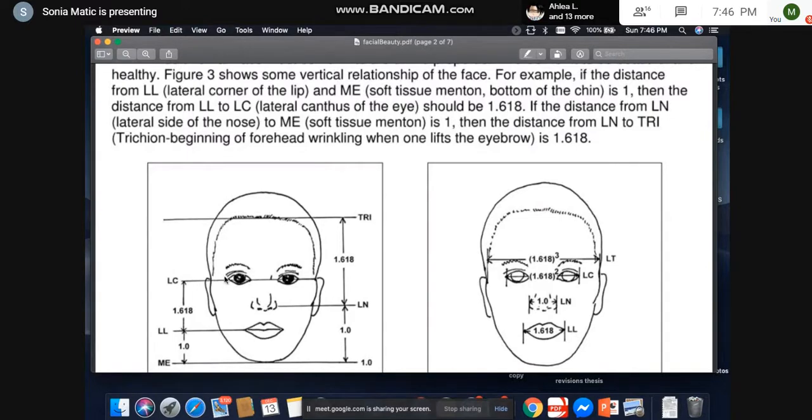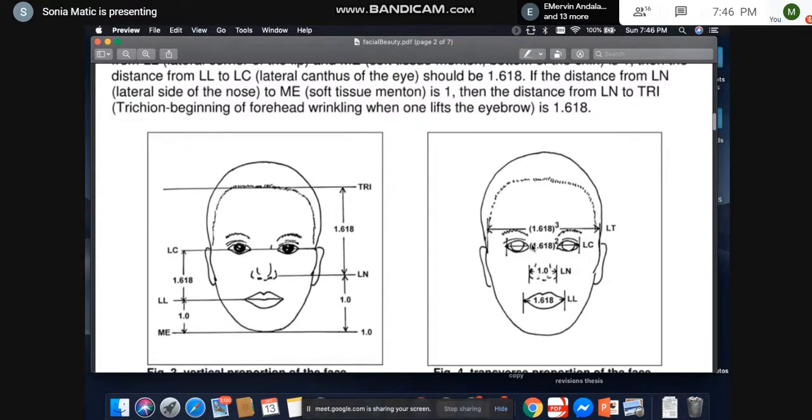And then here at the corner of the eyes is 1.618. That's the proportion, and so forth. That's why those who do eyebrows buy a golden proportion ruler to get the ideal length or curve of the eyebrow that will be proportional to the client's nose and mouth. And at the same time, the eyes. Same goes with us.